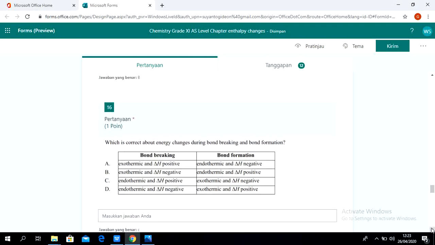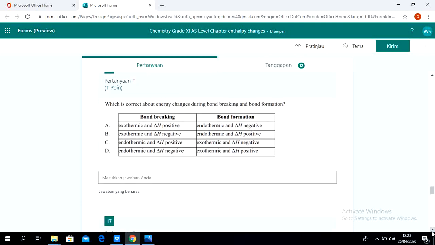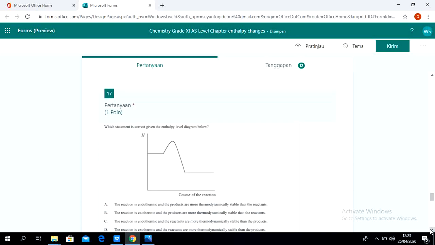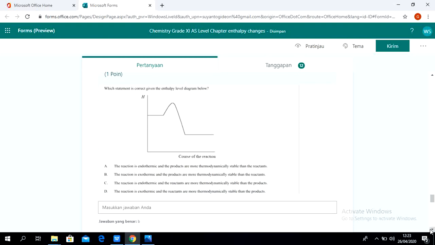Next question, number 16. Which is correct about the energy change during bond breaking and bond formation? We know bond breaking is endothermic. Endothermic is positive, and bond formation is exothermic, enthalpy change is negative. Next, this is enthalpy, this is the time or course of reaction.